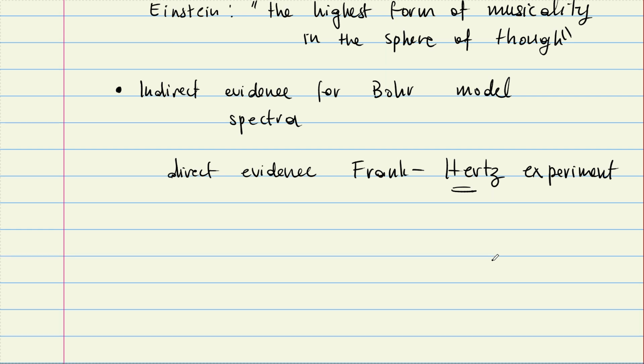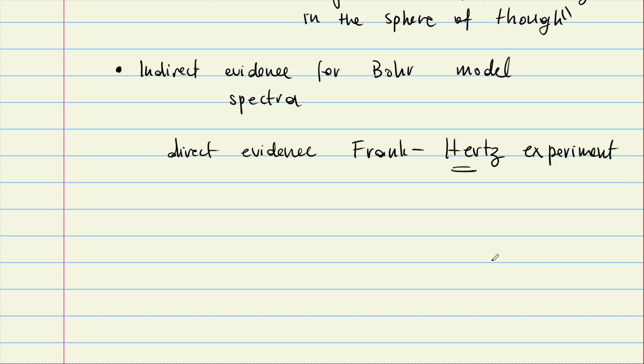So in the Frank-Hertz experiment, what you do is something like this. You have these batteries, connected to a wire like this. If you give high enough voltage, you just start shooting electrons.